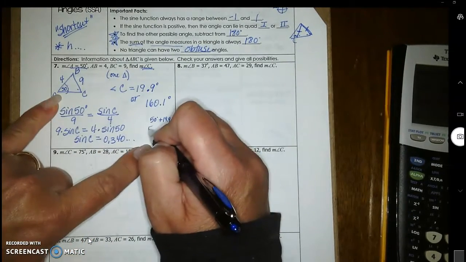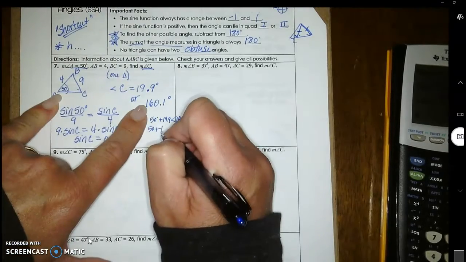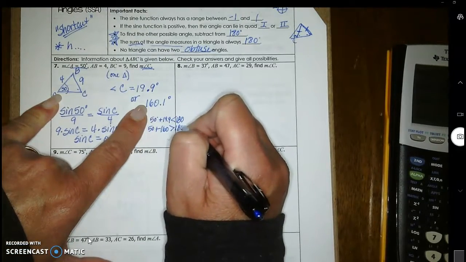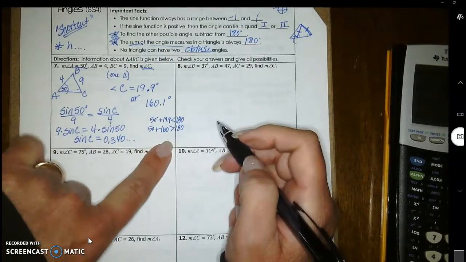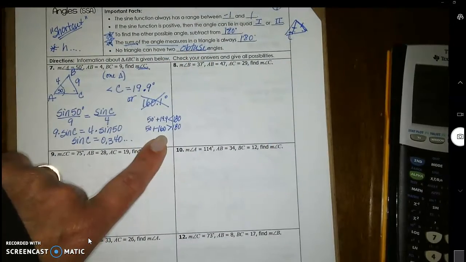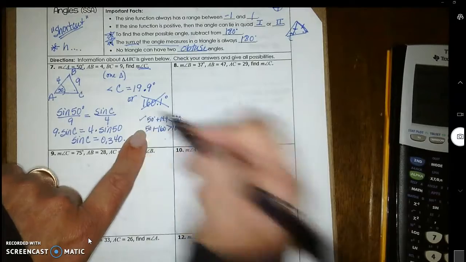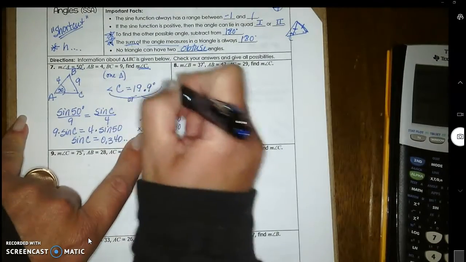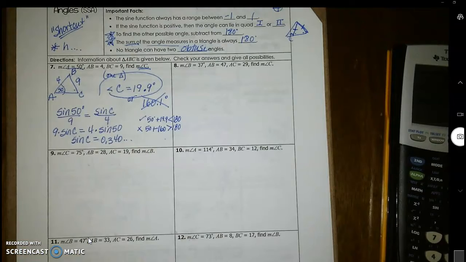If I did 50 plus my answer of 160, I am not going to get something that is less than 180. I'm over 180, so I know that 160 does not work. The 19.9 works, but the 160 does not. So this has one answer, 19.9.